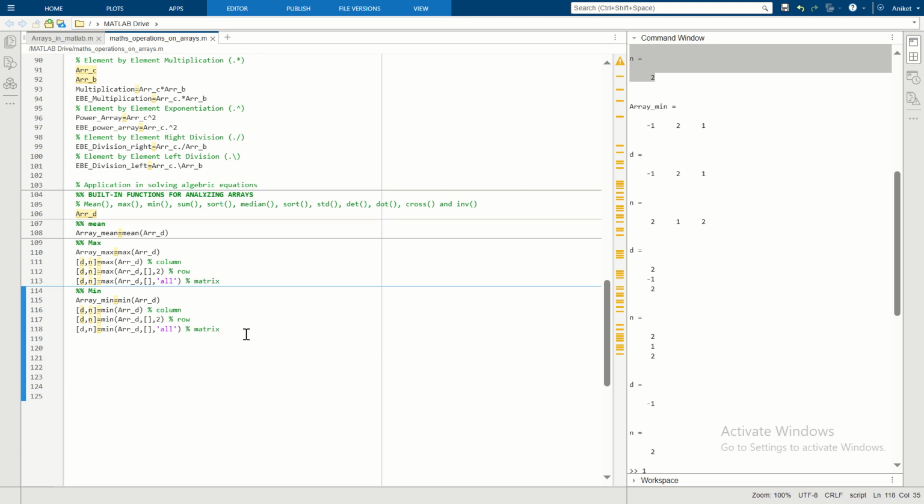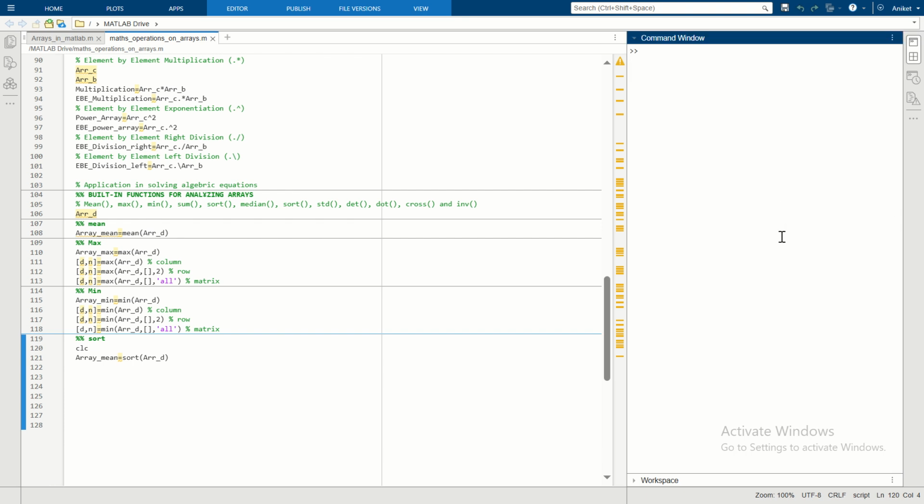Okay, we'll just start with the sort operation. Copy this thing, use sort. I'll add a clc here to clear this.